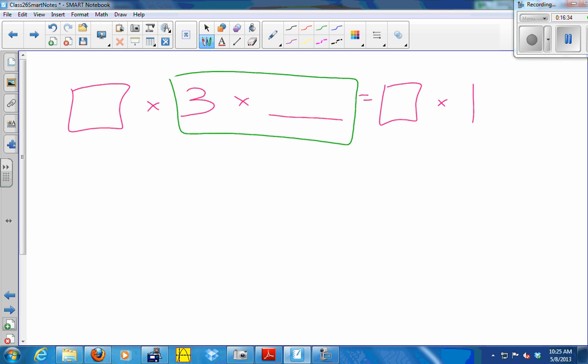I need this thing to be 1. In standard arithmetic, this thing would be a third. 3 times a third is 1. So the way you undo multiplication by 3 is multiplying by a third, because then I've really multiplied by 1.